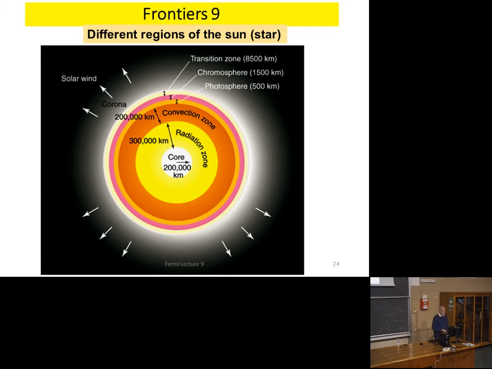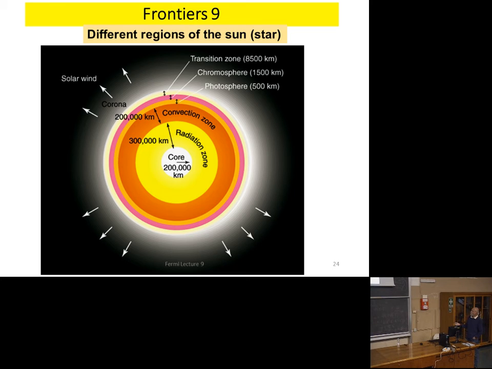This is the dimensions in the sun of the different regions where something's happening. So the core, which is about 200,000 kilometers in the middle, is where the nuclear fusion reaction is happening. The fusion reaction is basically the engine that makes the heat and light that we live by.